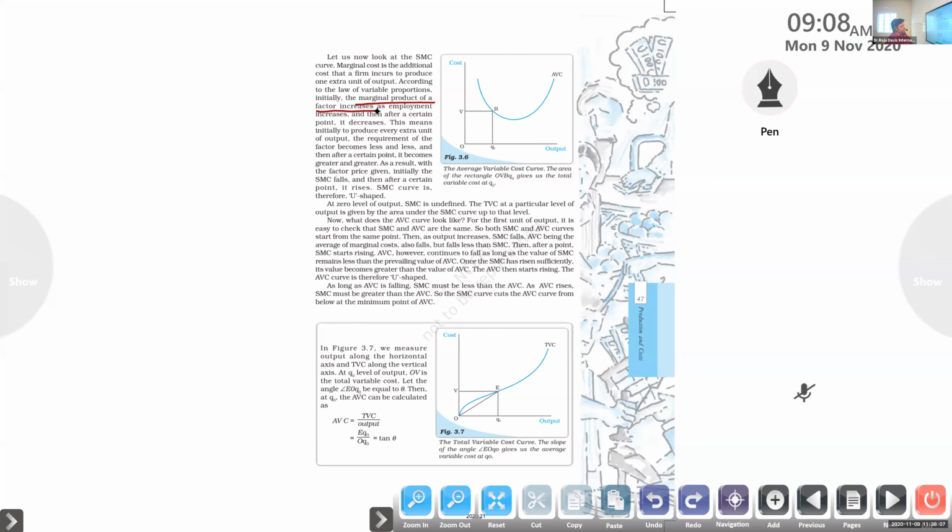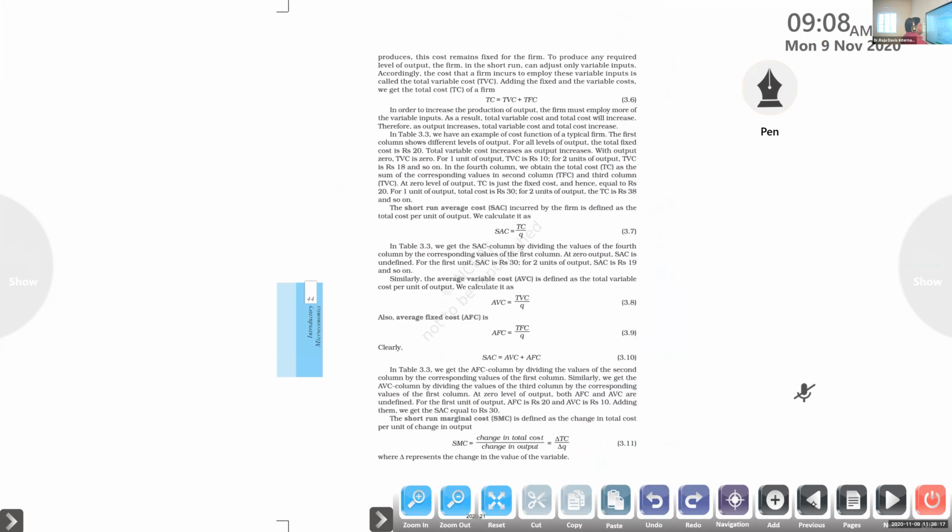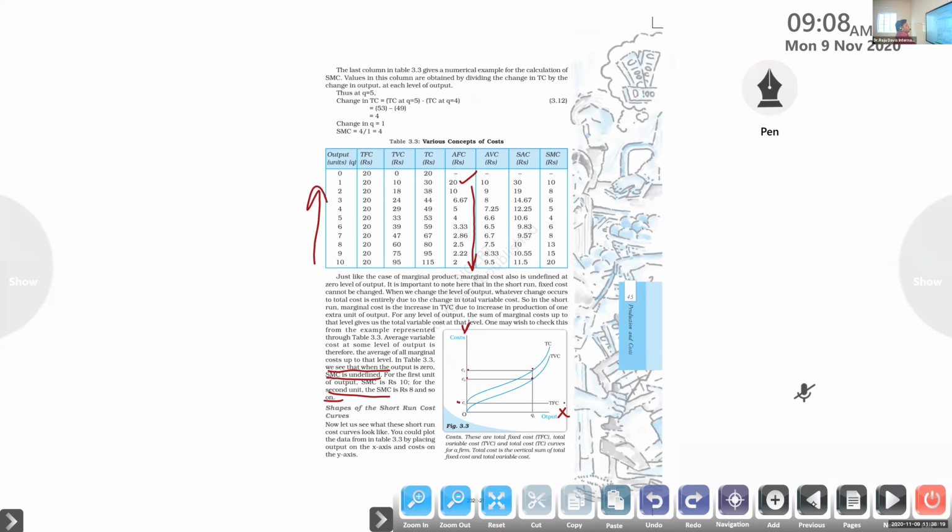Then after a certain point, it will start to decrease, because employment has some limitation. You can see the SMC curve here: up to a level it will increase, and then it will start decreasing.